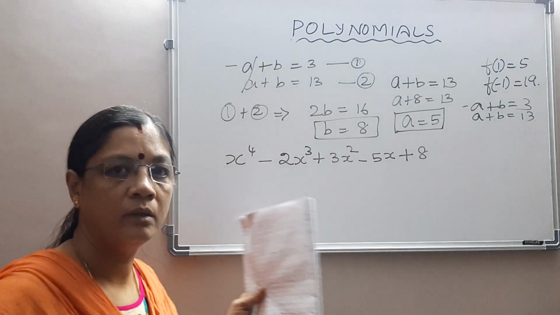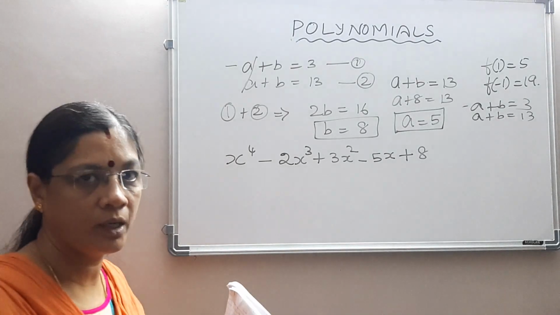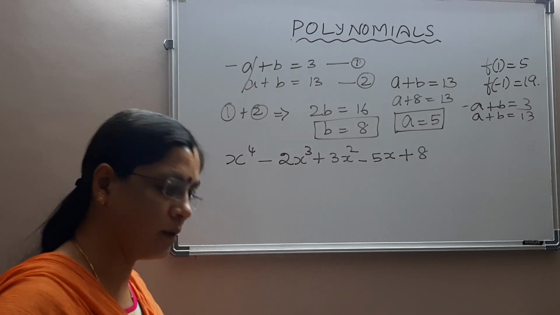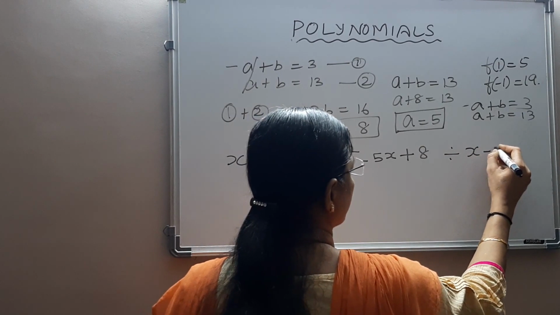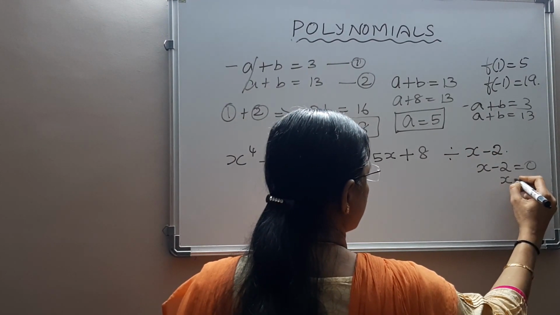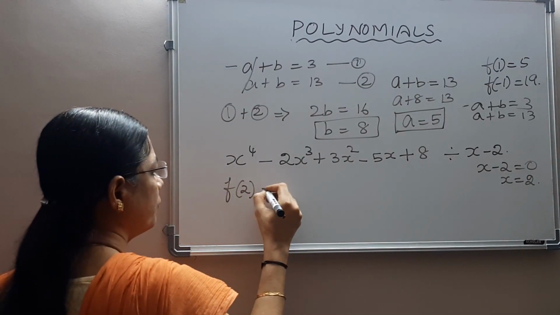Okay, now the polynomial is complete without any unknowns. Now we should find the remainder when this polynomial is divided by x minus 2. We equate it to 0, we get x is equal to 2, and we find the value of f of 2 to find the remainder.